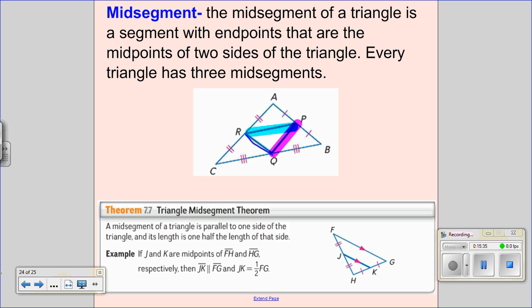A midsegment of a triangle is parallel to one side of a triangle, and its length is one half the side of that triangle. So the length of the midsegment is one half the length of the side that it is parallel to. So in other words, JK on this picture is your midsegment, and JK will equal half the length of FG.